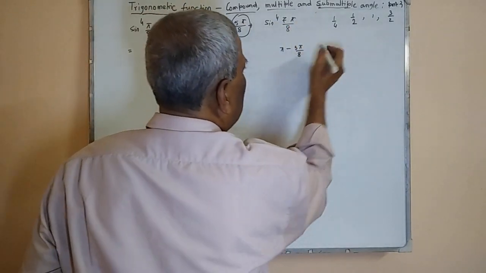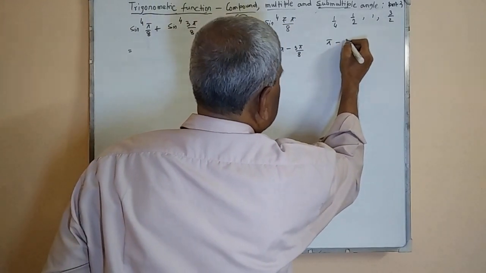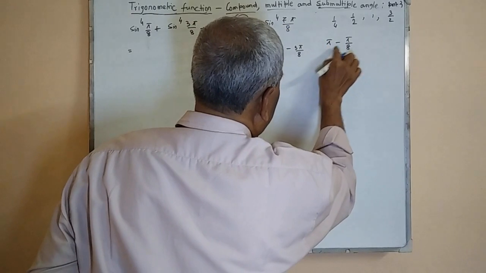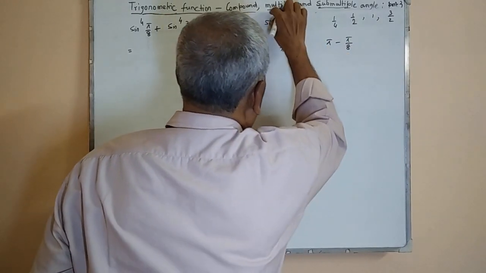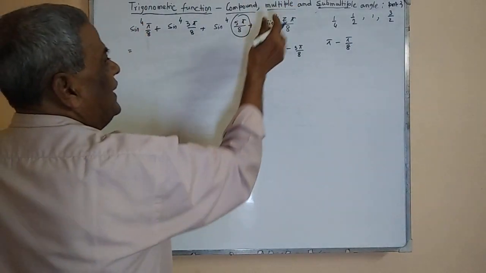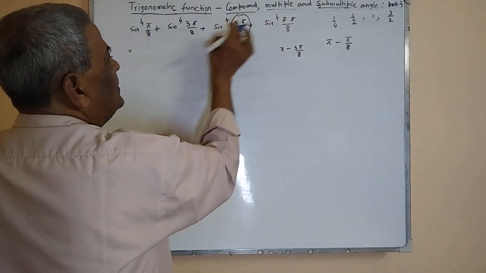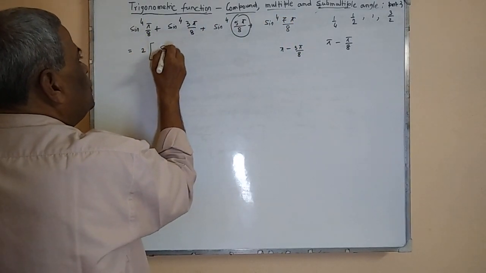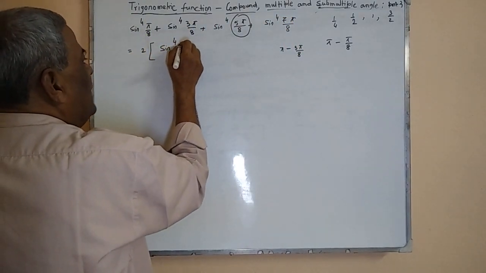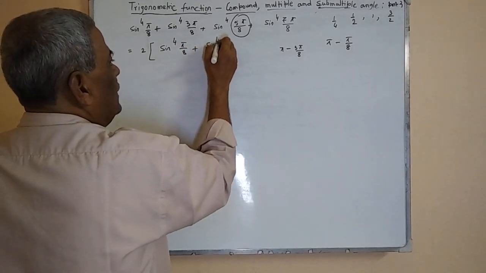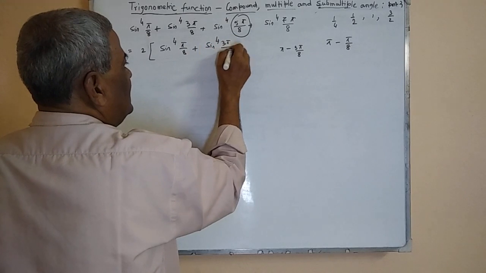And 7 pi by 8 is pi minus pi by 8, so sine pi minus pi by 8 is sine to the power 4 pi by 8. So each of sine to the power 4 pi by 8 and sine to the power 4 3 pi by 8 appears 2 times. So it is equal to 2 times sine to the power 4 pi by 8 plus sine to the power 4 3 pi by 8.